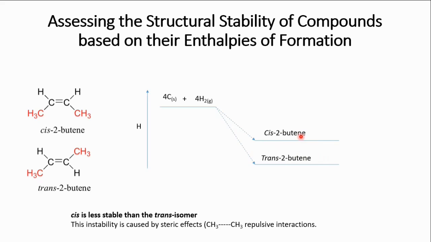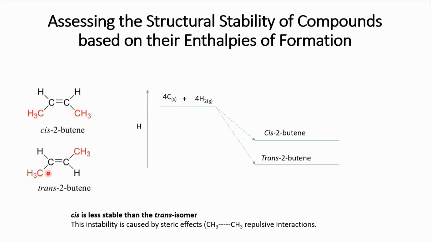Why is it that cis-2-butene is less stable than trans-2-butene? Well, this is because of repulsive steric interactions between the methyl groups, which are located on the same side. Look at the two of them.